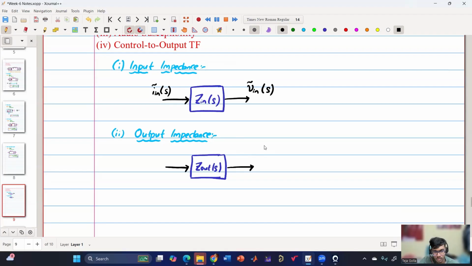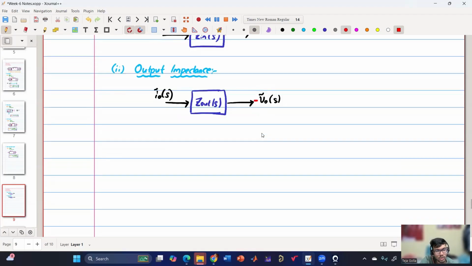I naught is the input, V naught is the output. Okay. Also there is a minus sign. Yes, minus is there. So if I naught is the input, we'll have minus into V naught. I'll use a different color so you can remember. Now output impedance is done.